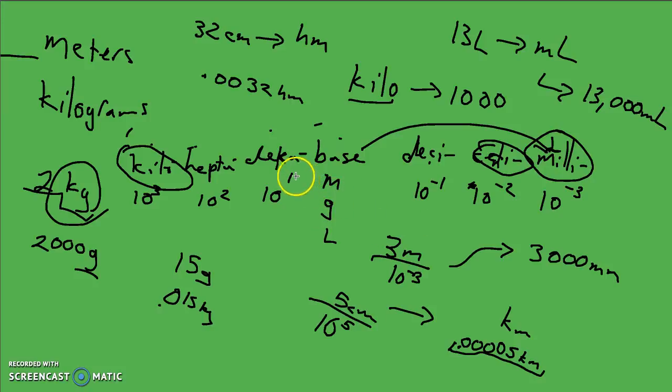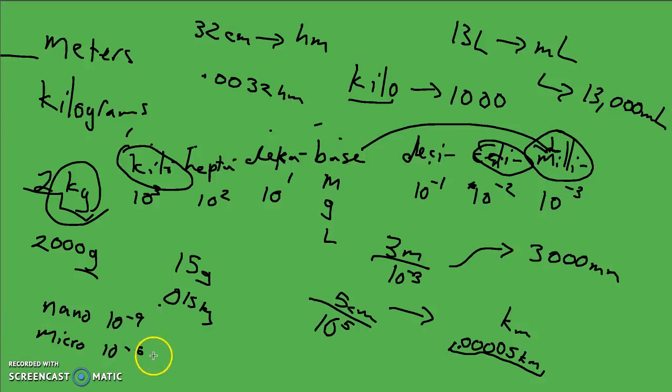And in addition, the other ones you might see, occasionally we're going to run into nano, which is a scale of 10 to the negative 9th, and micro, which is a scale of 10 to the negative 6th.